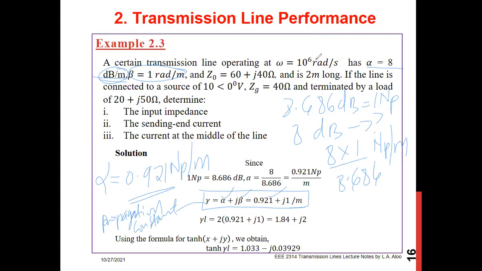But we need to determine gamma times L. The length is 2 meters, so we multiply the value of gamma with the value of L. It will give us that gamma L is now 1.84 plus j2.